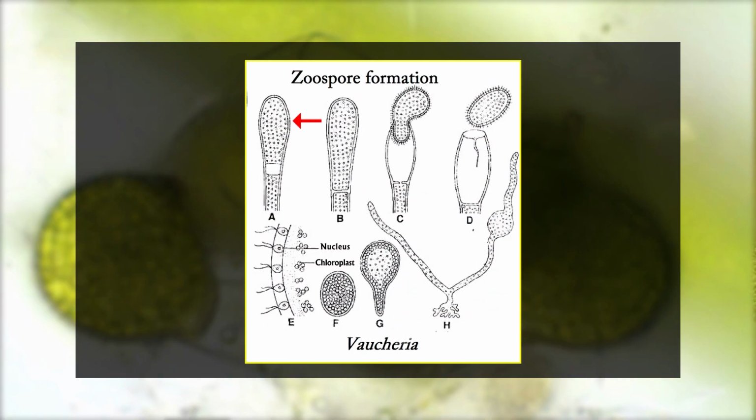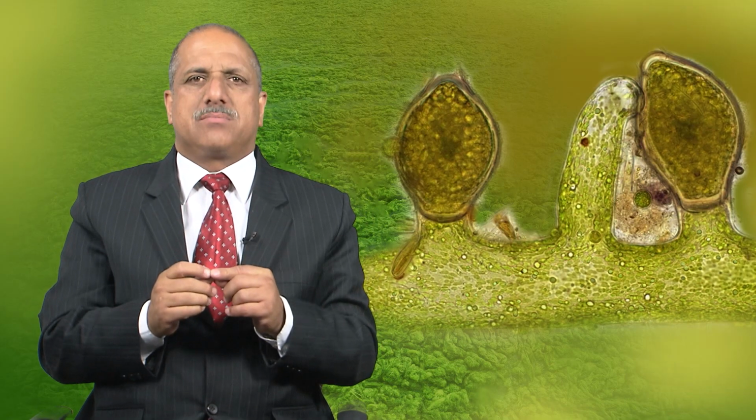In this type of reproduction, the tips of vertical branches swell up and then form a septum. The septum separates a part of the nucleated protoplast from the thallus. It becomes club-shaped and organizes itself like a reproductive body called sporangium.